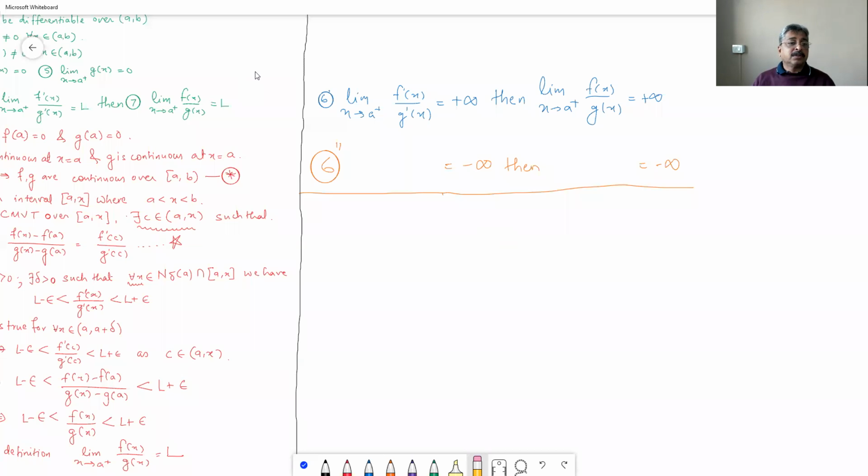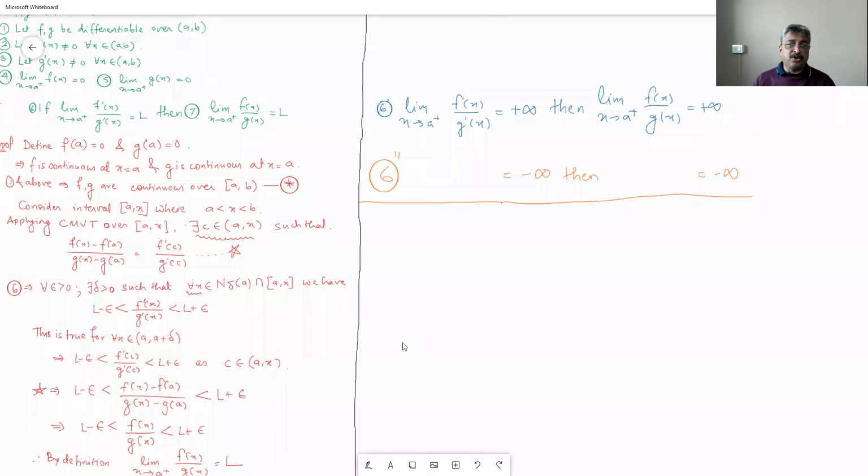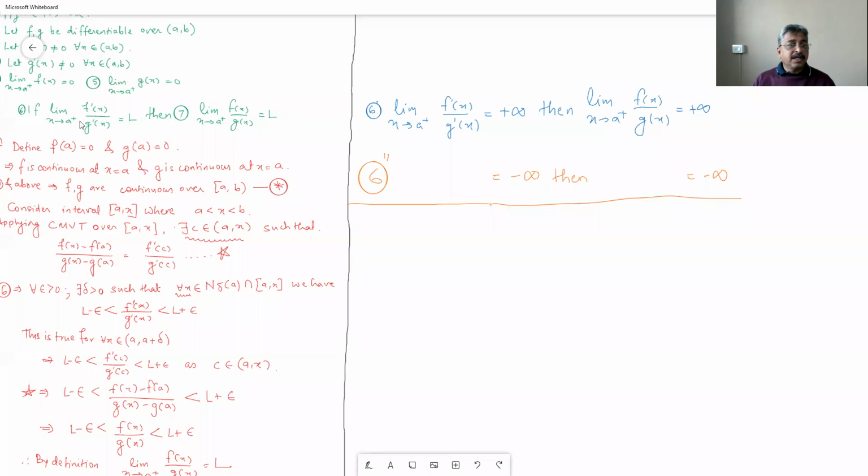Okay. Now, the variation in this is going to be in 6. In 6, the limit is becoming L, therefore the limit of f of x upon g of x is L. But if this limit was plus infinity, then the resultant also would be plus infinity, and exactly same proof will not work.